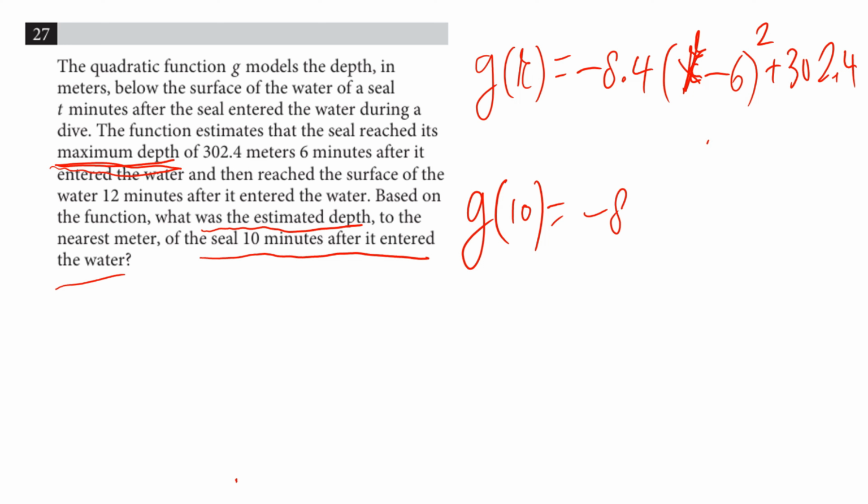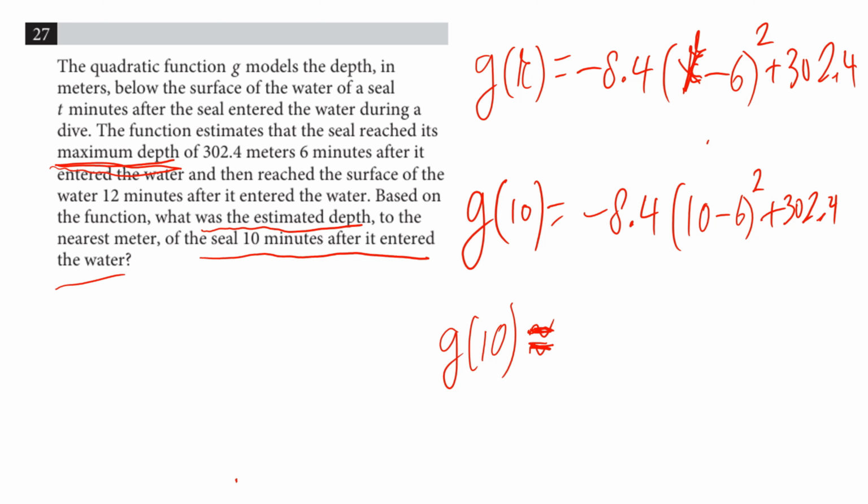So it's negative 8.4(10 minus 6) squared plus 302.4, which, if you use a calculator, you'll find out that the depth is equal to 168 meters after 10 minutes. Therefore, your final answer in this question would be 168.